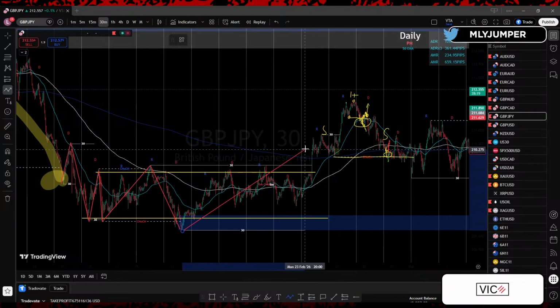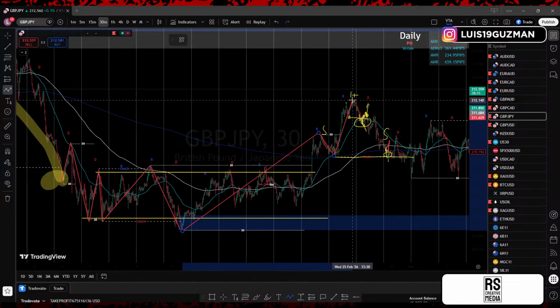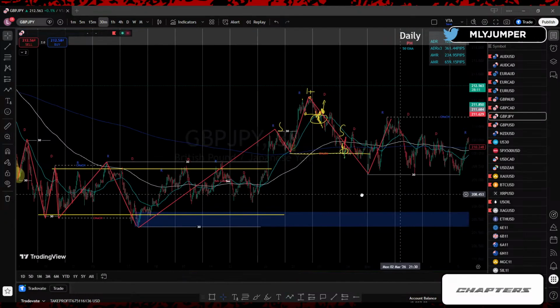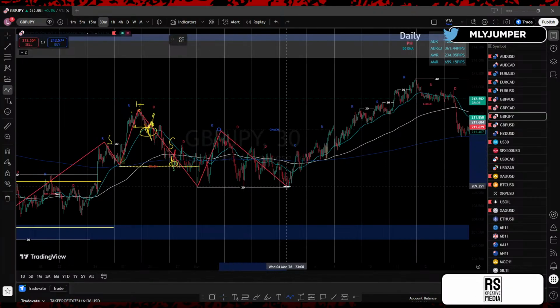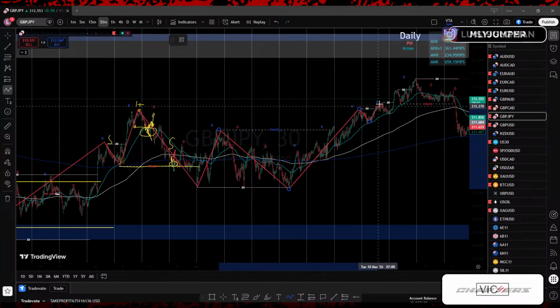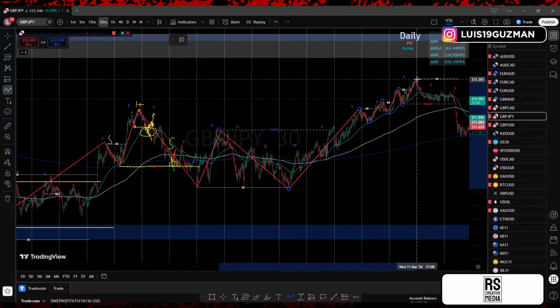Then from this lower low, it did higher high, higher low, higher high, lower low, right? Then it gave you the lower high point. From this lower high point, it gave you another lower low. Then it gave you higher high, higher low, higher high, higher low, higher high, higher low, higher high.